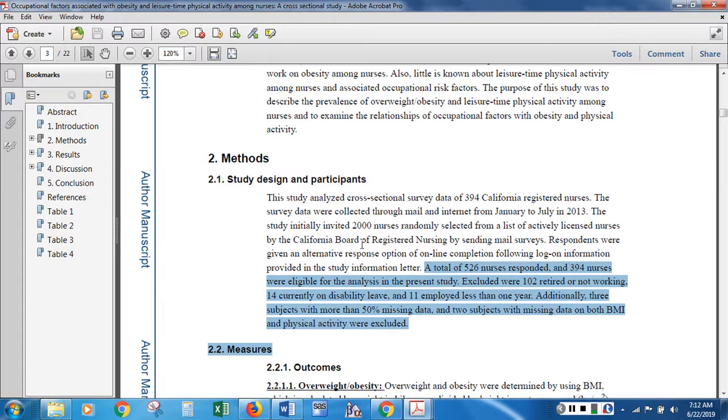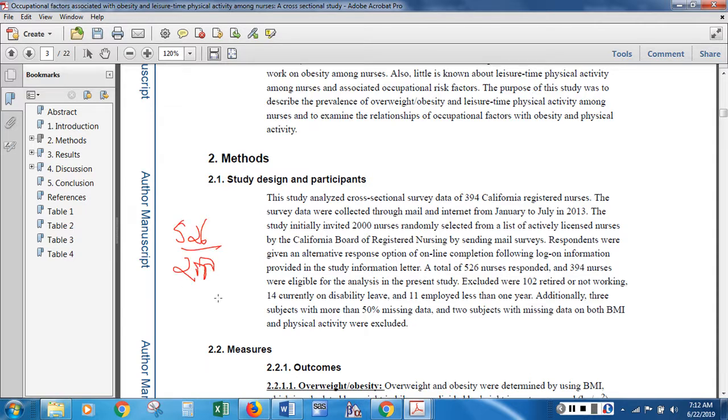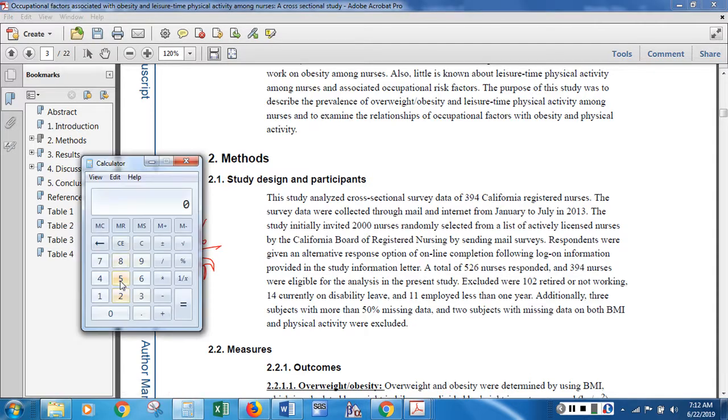But at least we can say that out of 2,000, only 526 responded, and so what percentage is 526 of the 2,000? Okay, so 526 out of the 2,000, let's do a quick calculation here, is about 26.3%.